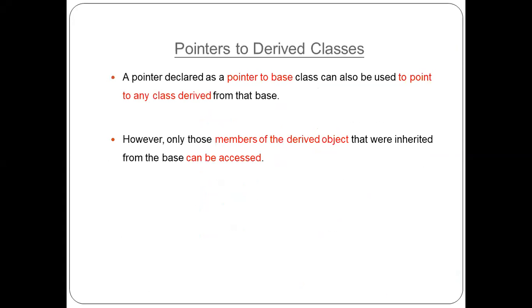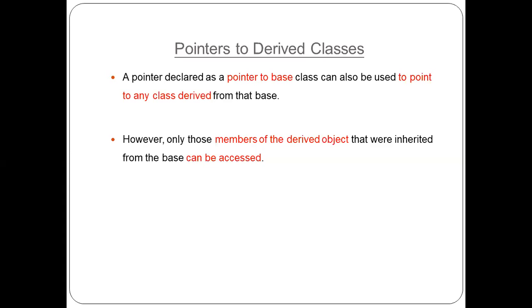Now we are seeing the part related to creating a pointer to a base class, and a pointer for a derived class. A pointer that we create to a base class, as we have already seen, can also point to derived class objects if I store that value.